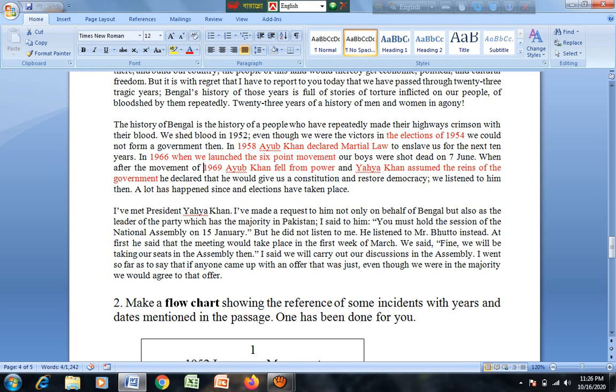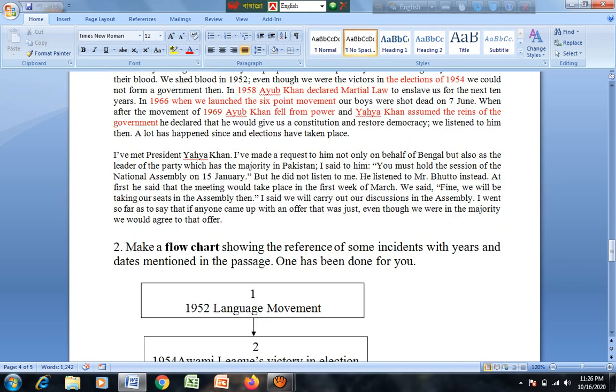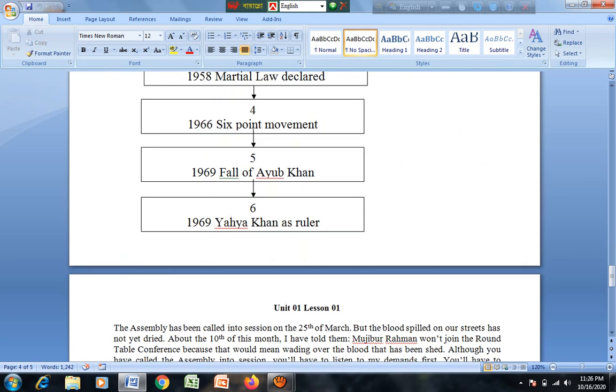Then in 1969 we find two incidents here. Ayub Khan fell from power. That means the farewell of Ayub Khan from power, and at the same time Yahya Khan assumed the reins of the government. That means Yahya Khan ascended to power. Now look at the boxes. In 1969, fall of Ayub Khan.